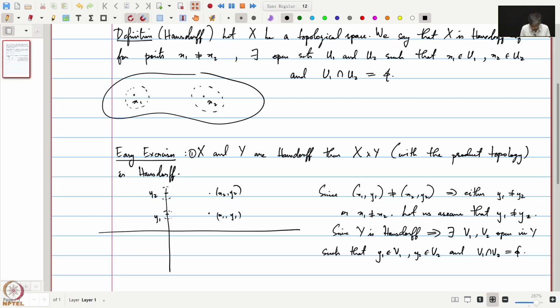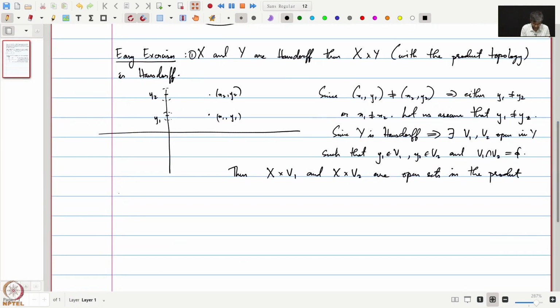Then we know that X cross V1 and X cross V2 are open sets in the product topology X cross Y. So this is X cross V2 and this is X cross V1.